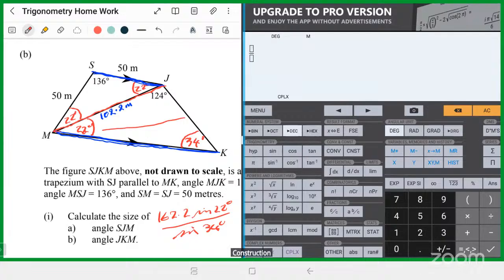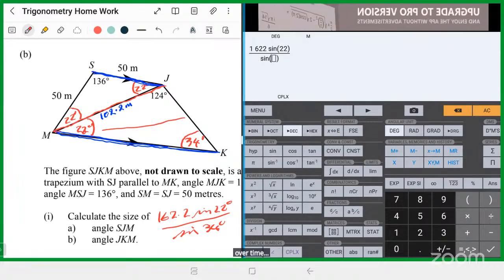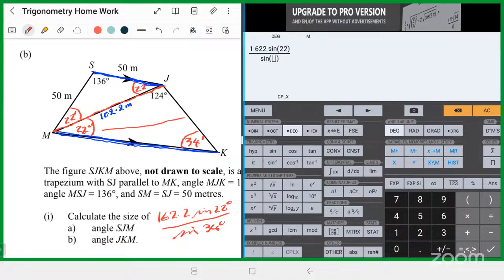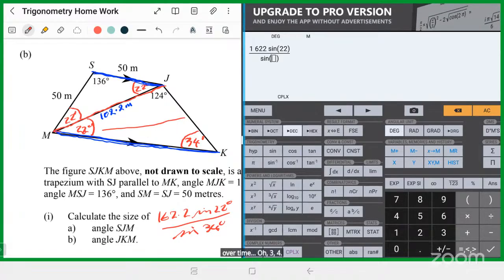A fraction, 102.2, sine of 22, over sine of 34. I'm going to get something. Something is wrong. Oh, it's not. I have 116.22.